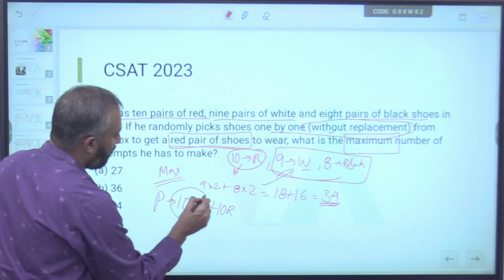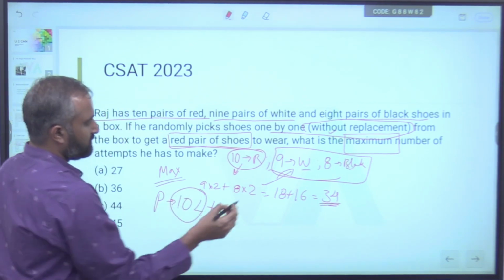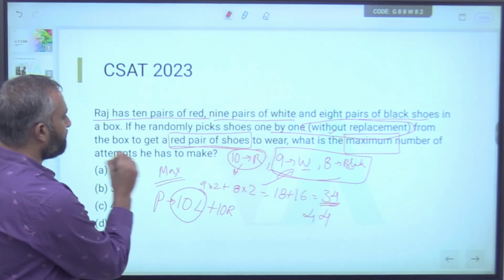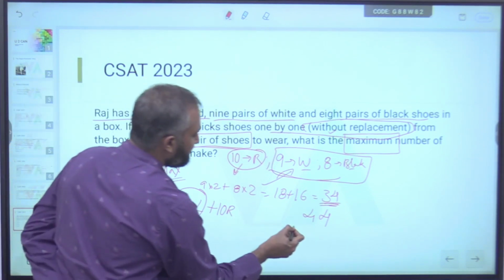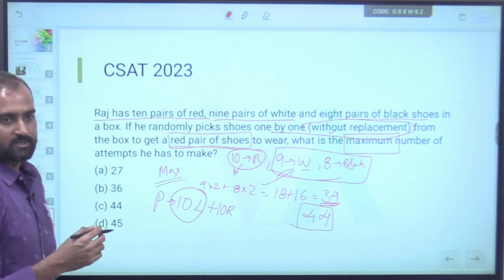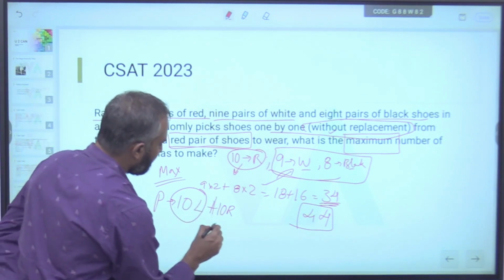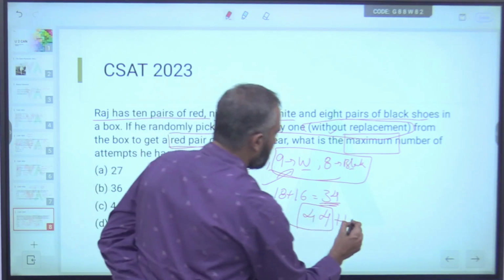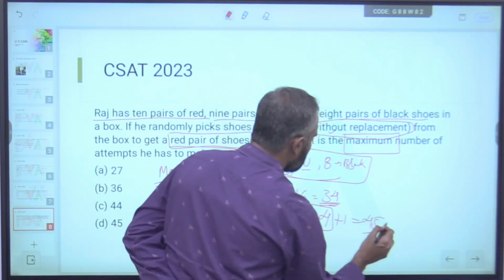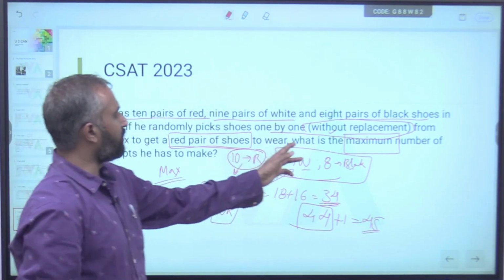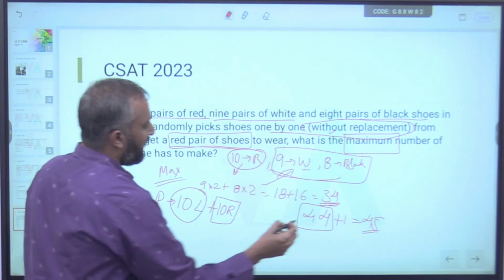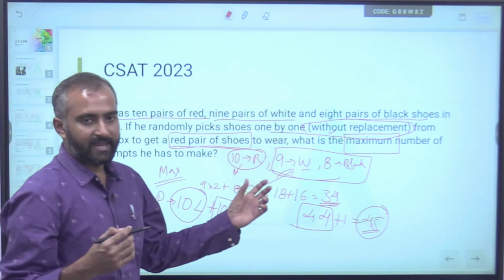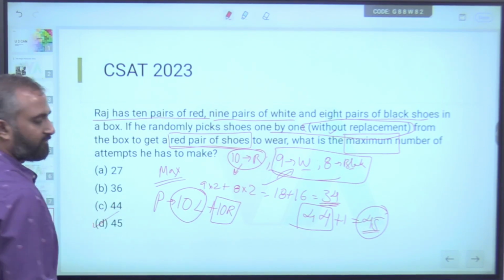If he picks all 10 left shoes, it becomes 44 attempts, by which all other shoes have been finished. Now the only shoes remaining are the 10 right ones, and even if he picks one, he will form a red pair. So 45 is the answer.